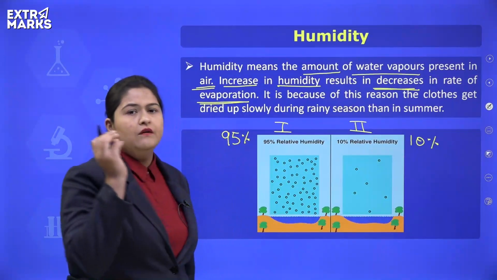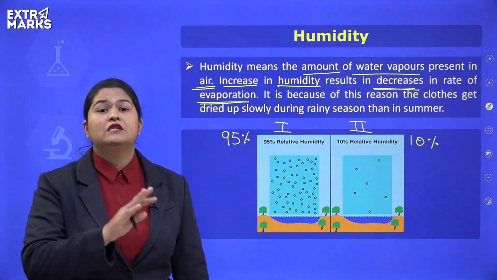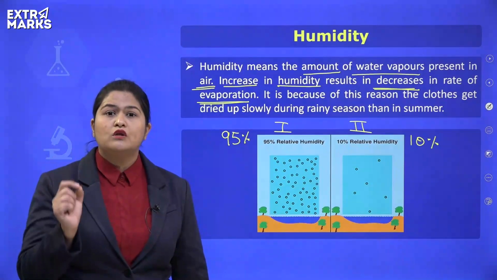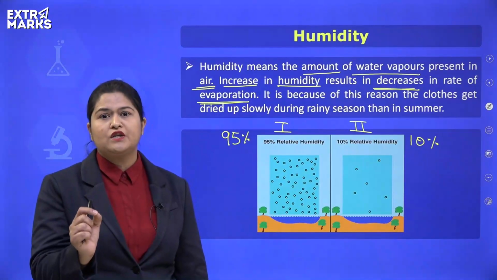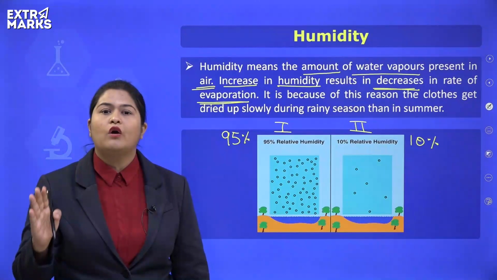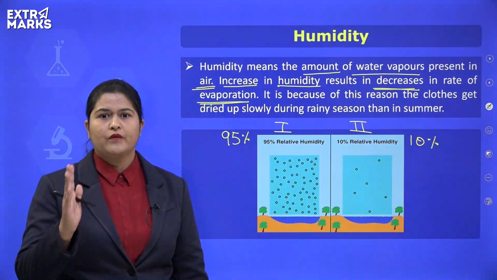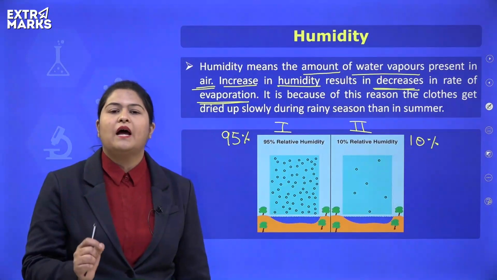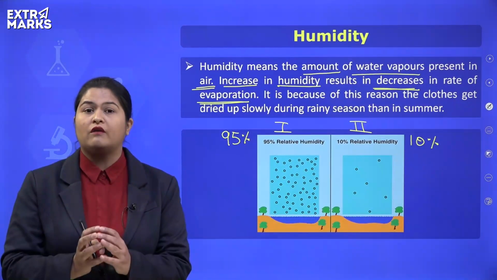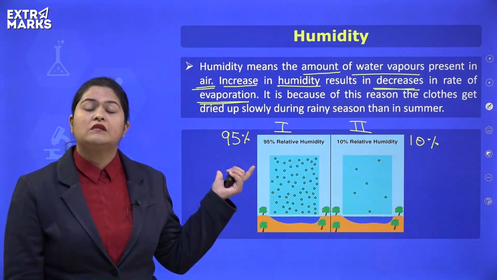Before we start this discussion, you should know one thing. Air does not have unlimited capacity to hold water vapors. Air also has a limited capacity to hold water vapors. After a limit, the air will not be able to allow more water vapors to move into it. So please remember that air has a limited capacity to hold water vapors. Whenever humidity is high, what does that mean?